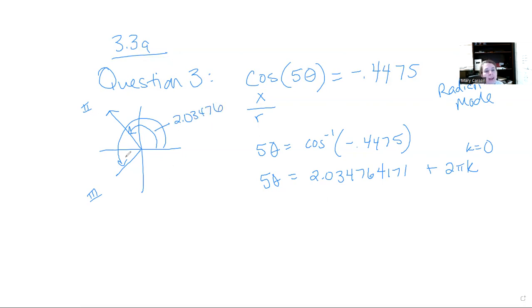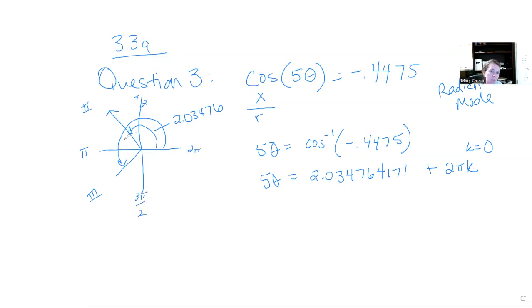Now we need to figure out what is from here to here. We really need to know what this angle measure is, and then that would be the same as this angle measure. Remember from here to here, this is pi over 2, this is 3 pi over 2, and this is 2 pi.